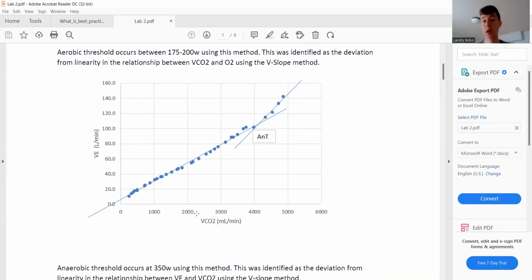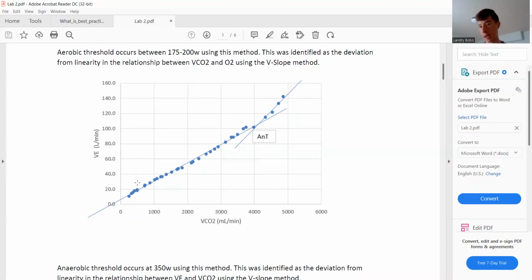But here on the bottom, we have VCO2, so that's the amount of CO2 I am breathing out. And then we have VE, which is my minute ventilation. This is the amount of air that I am breathing in per minute. So basically, this is how deeply and how frequently I'm breathing. This is how heavy my breathing is.